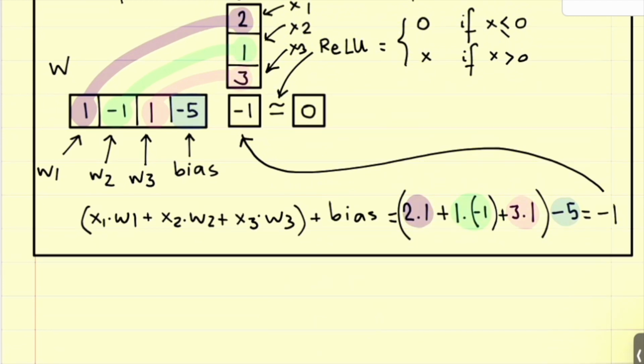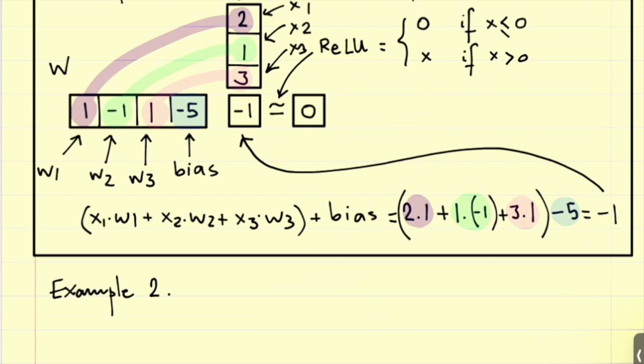Good. So example number 2. Now we have not one perceptron, now we have a layer with several nodes.